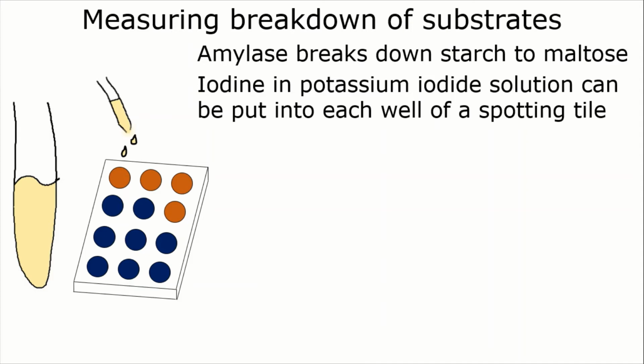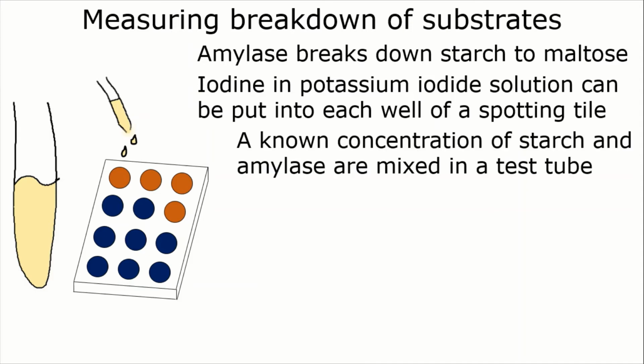So iodine dissolved in potassium iodide changes colour in the presence of starch. So when there's no starch present, it's this orangey brown colour, and when starch is present, it changes to this blue-black colour.